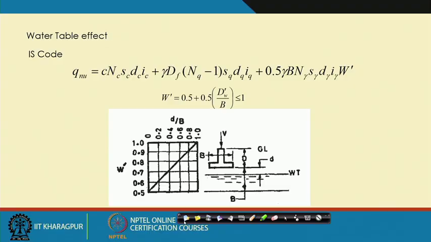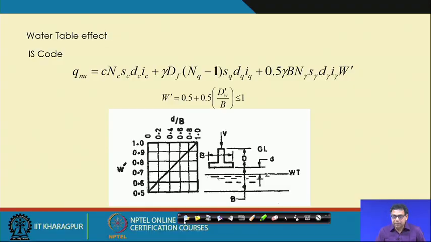But if it is C-phi soil, then based on the load settlement curve, you have to decide whether it will be local shear failure or general shear failure. I have discussed that. So, in the problems, if it is C-phi soil, it will be mentioned which type of failure has occurred. Based on that, you have to take whether it is local shear failure or general shear failure. Okay. In the example problems, it will be mentioned.